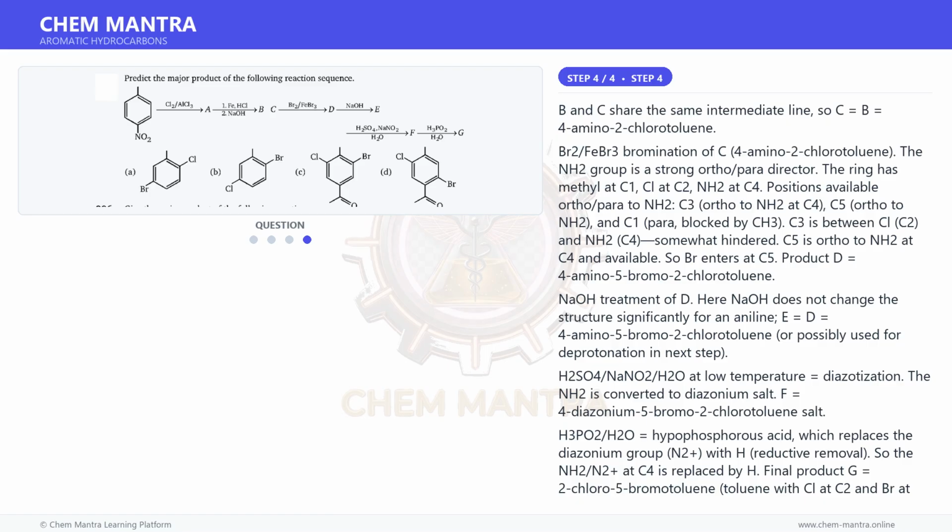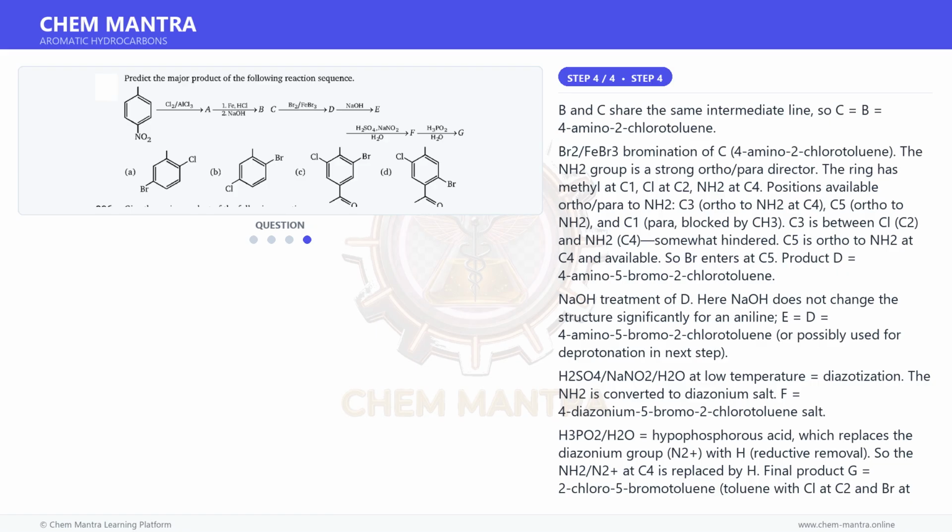The structure shown is a benzene ring with methyl at top, C1, Cl at C2, ortho to methyl, and Br at C5, para to Cl, meta to methyl. This matches 2-chloro-5-bromotoluene, which is the product G.